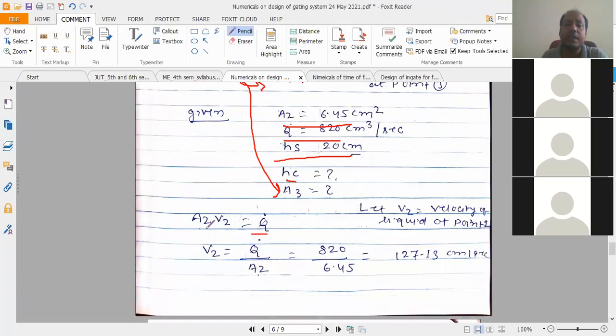So A2 V2 is equal to A3 V3, which is equal to Q dot.